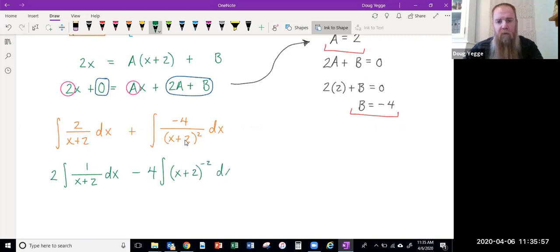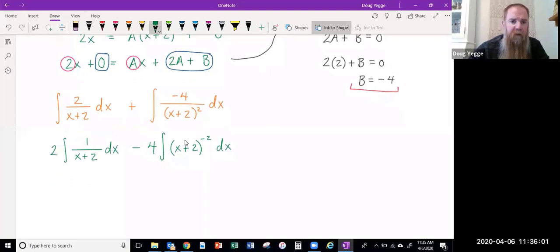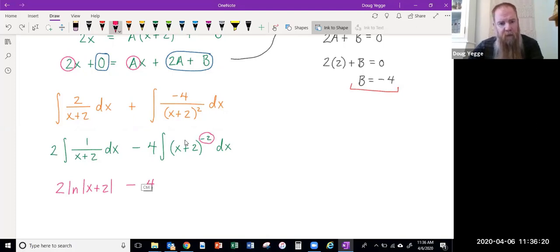And now they're both in a form where we can integrate pretty easily. We can see that the left side is going to be just 2 times the natural log of the bottom. The next one is going to be -4 times, and notice if I add 1 to get -1 and multiply by the new reciprocal, I end up getting plus 4 times x plus 2 to the -1.